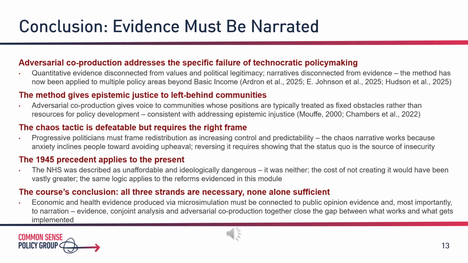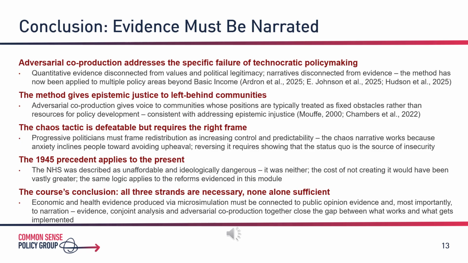There are groups whose opposition to evidence-based policy is not rooted in misunderstanding or lack of information, but in ideological commitments that would produce genuinely harmful outcomes if incorporated into policy. Climate change denial, eugenics, and various forms of sectarian discrimination are examples.